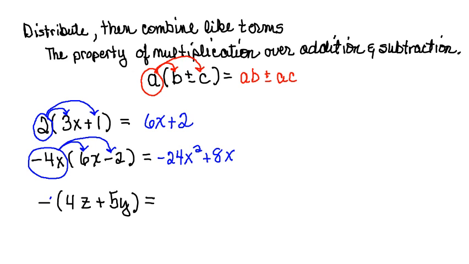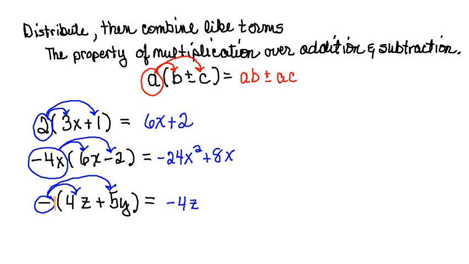All right, sometimes you end up with just a negative on the outside of the parentheses, and you have to remember it has that little, I call it a ghost one or an invisible one, implied one that's there. And we're going to multiply a negative 1 to everybody inside. So you end up with a negative 4 and a z.